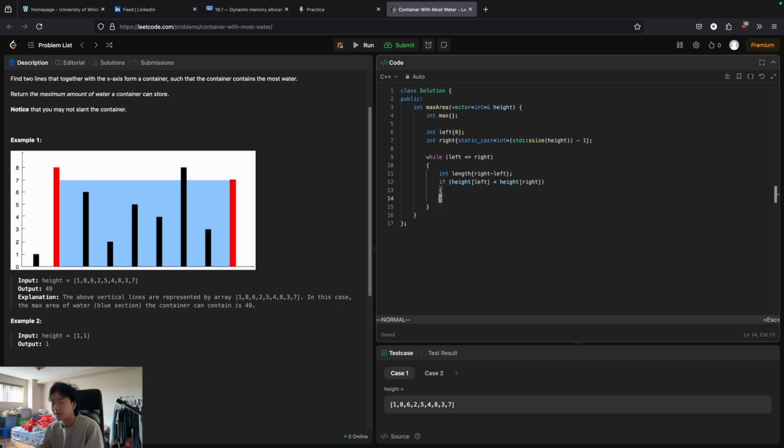Sorry, I'm trying to think if we could do this as a ternary operator, or if we just do regular if statements instead. And I think regular if statements would be better, right?